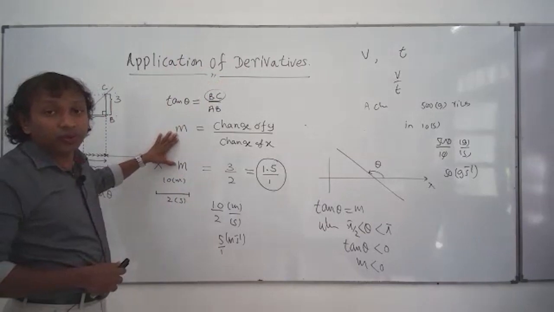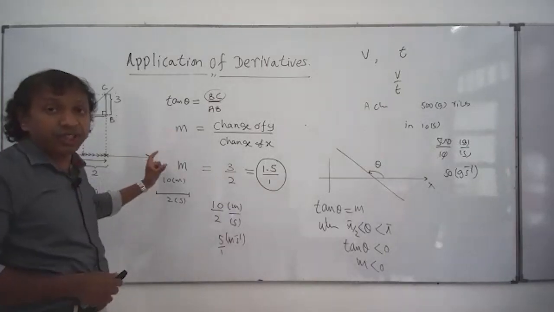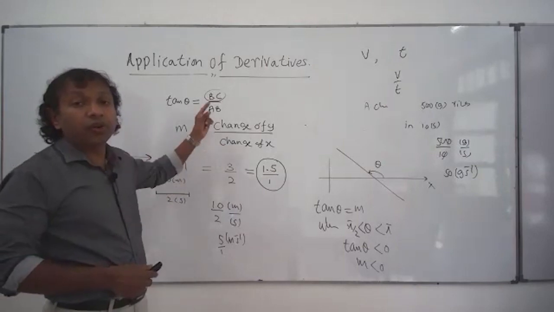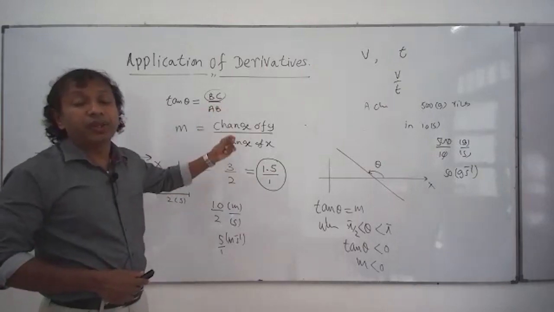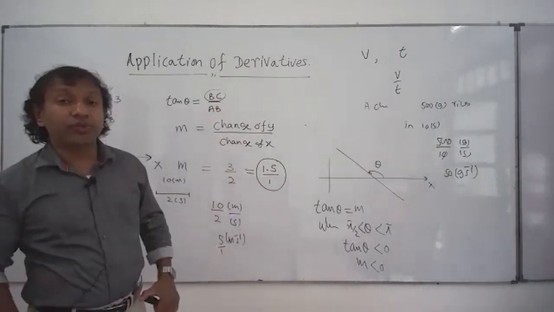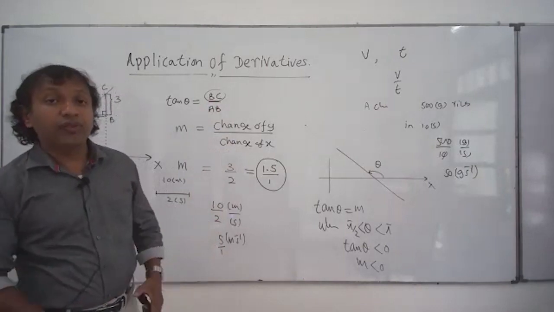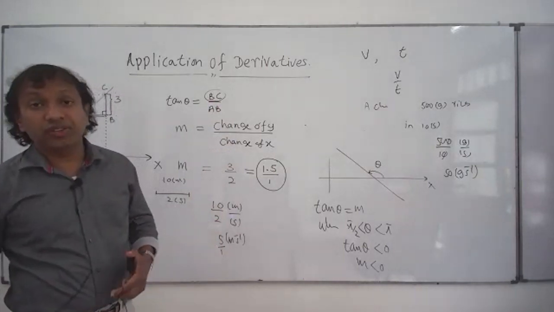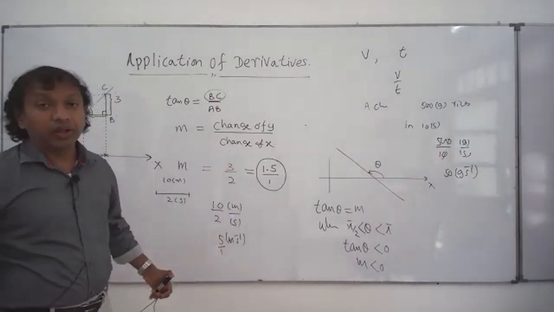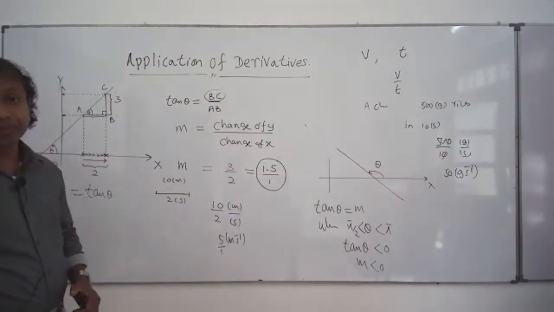Gradient is also the rate of change of y relative to x or with respect to x. That means if x changes by 1 unit, the corresponding change in y is called what? Rate of change of y with respect to x. That is the gradient. Right, that is the meaning.